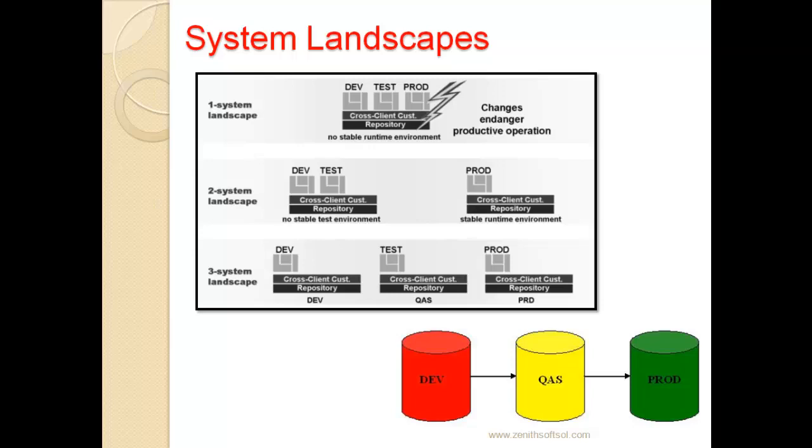Now, in any company, there will be five phases in the implementation. The first phase is project planning, and the second phase is the blueprint. Third is the realization. The fourth phase is the final preparation, and the fifth phase is the go live.